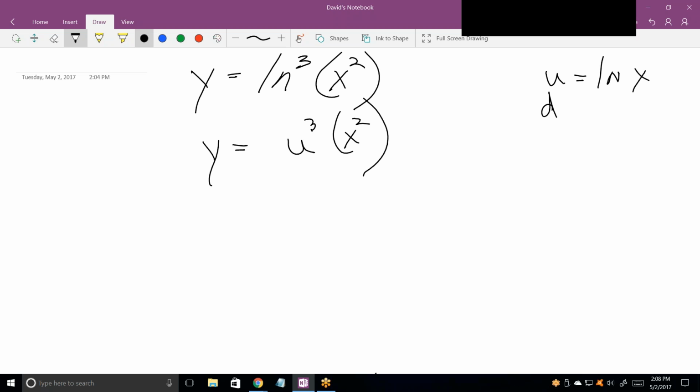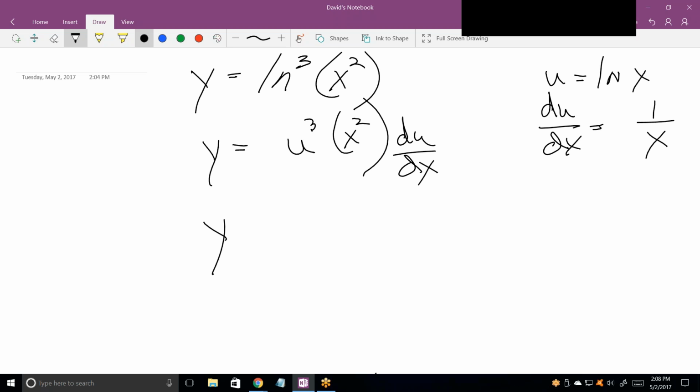Now, du/dx over here on the right is 1 over x, and I know I have to multiply this by du/dx.